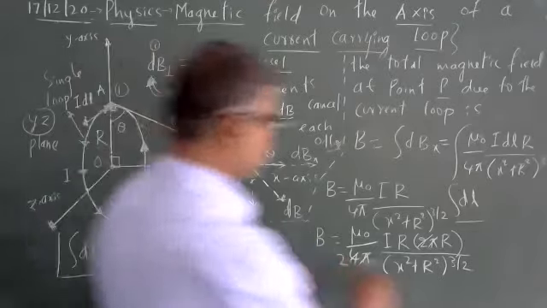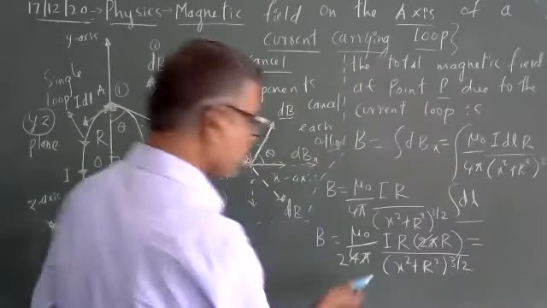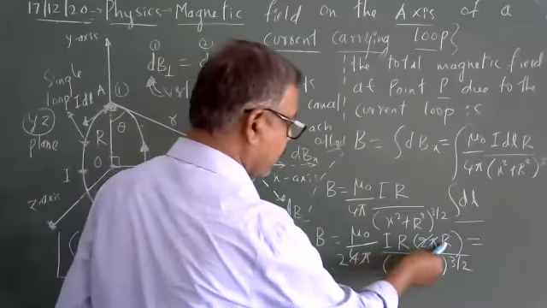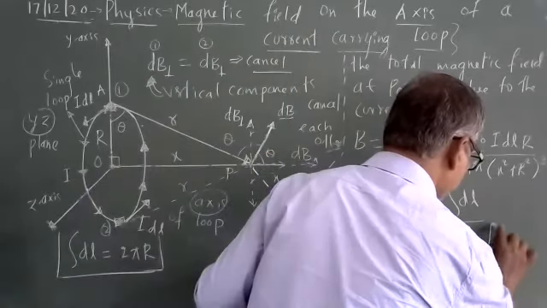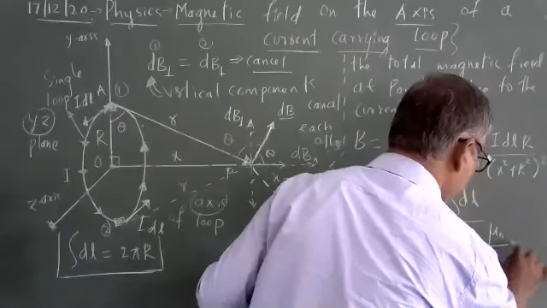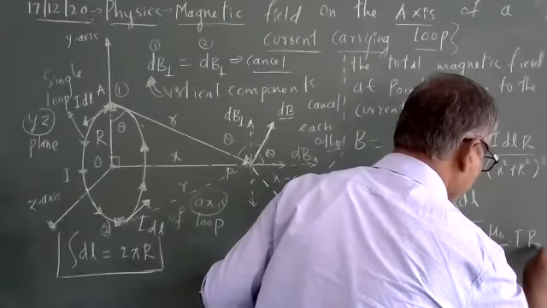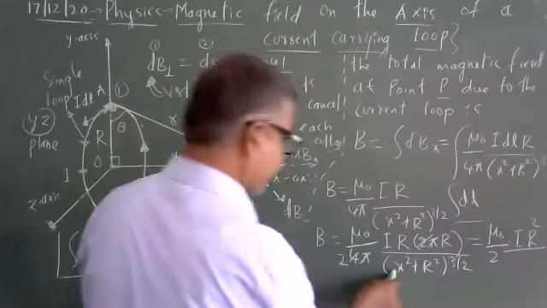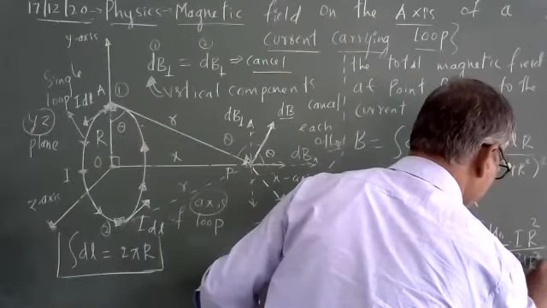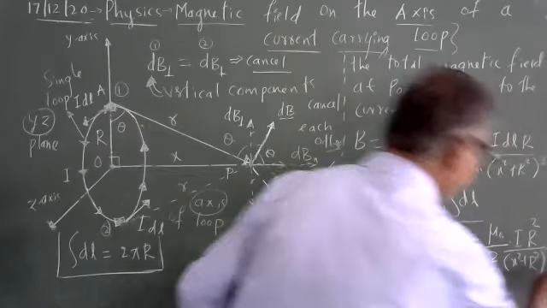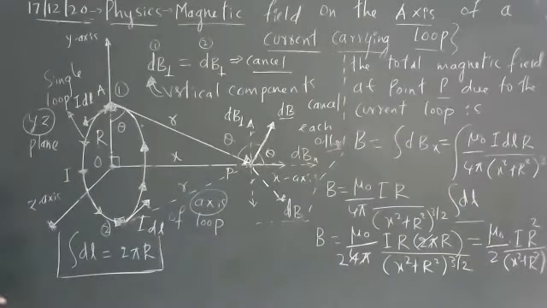The final relation simplifies to I, r, r, which becomes I r square, mu 0 upon 2. In the denominator, you have x square plus capital R square to the power 3 by 2. This completes the equation.